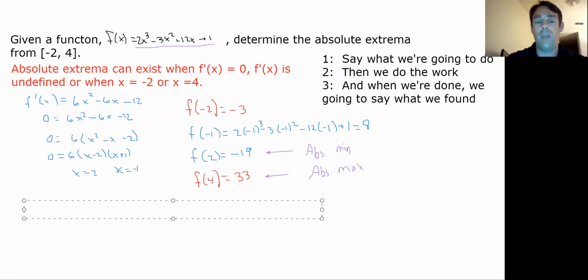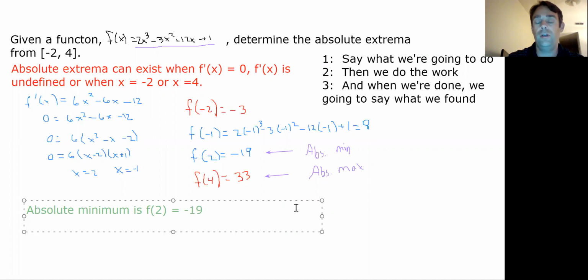So here we go. The absolute maximum or minimum, let's write that out, is, and we don't have to say where, we can just go right into it. The absolute minimum is f of 2 equals, notice I'm writing it as a function value. The absolute maximum is f of 4 equals 33.